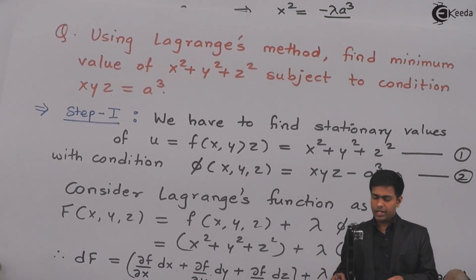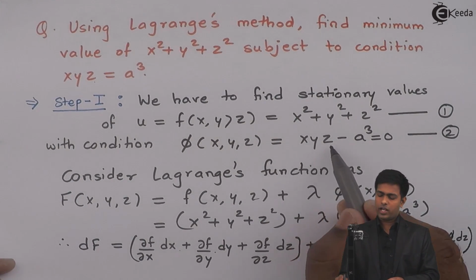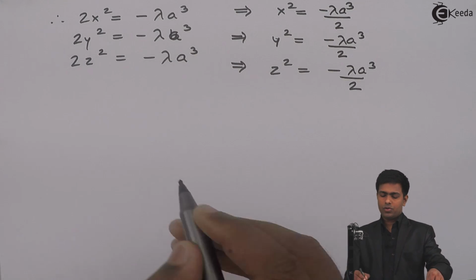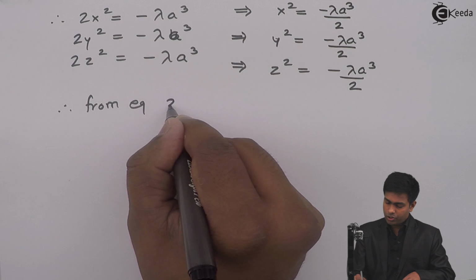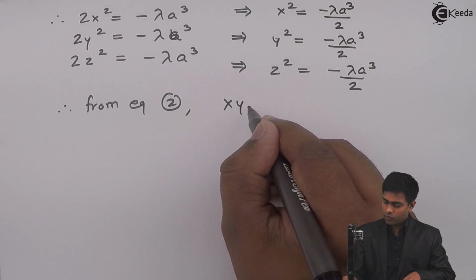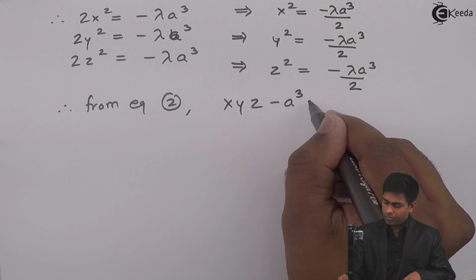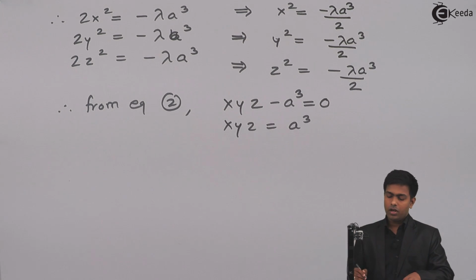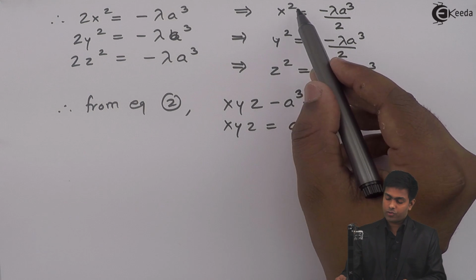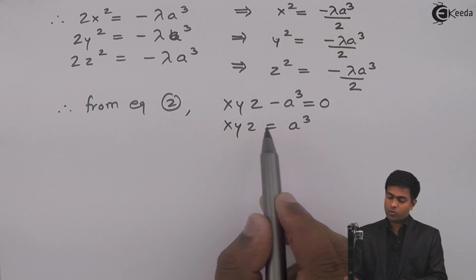So this is equation number 2, that is xyz minus a cube equal to 0. Therefore from equation number 2 we get xyz is equal to a cube. But since we have the values of x square, y square, z square, I will take the square on both sides.